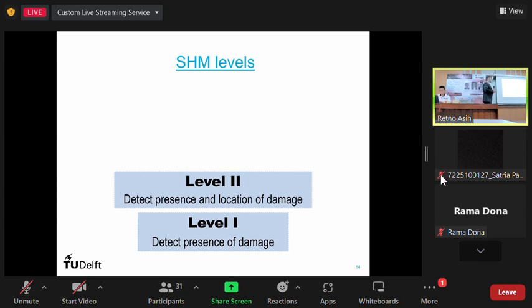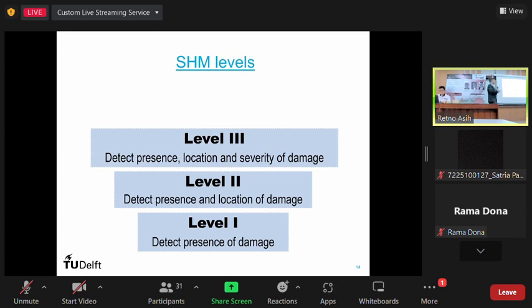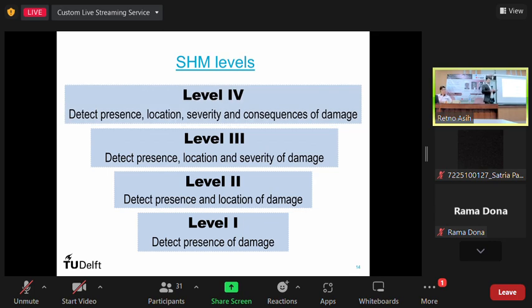The second level is that you detect the damage, and you can also know the location of the damage. So you have the damage, and you know where the location is. The third stage is that you detect the damage, you know the location, and you know the severity of the damage. And you have data about the location, existence, severity, and also the consequences of the damage.